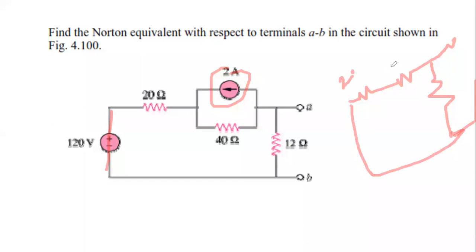Now you can see 20 and 40 are in series, so it will make 60, and 60 and 12 are then in parallel. So that will make how much, you can find it.